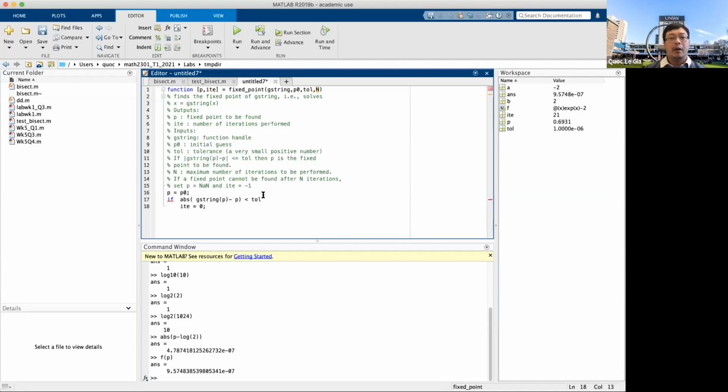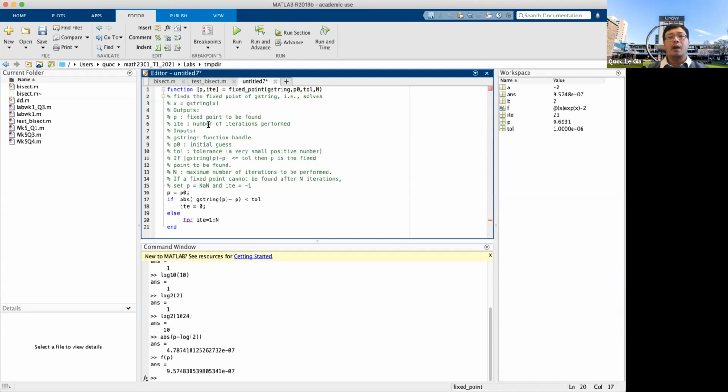Otherwise, I start doing the fixed point iteration. Okay, so now what is the algorithm? So we just do for iteration equal 1 to the maximal number of iterations.